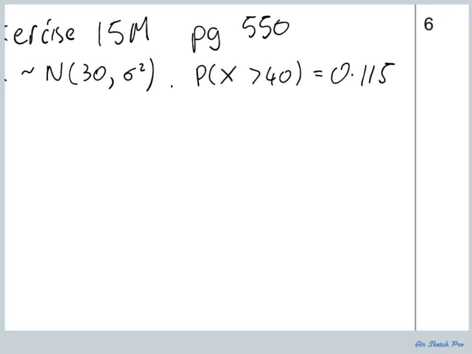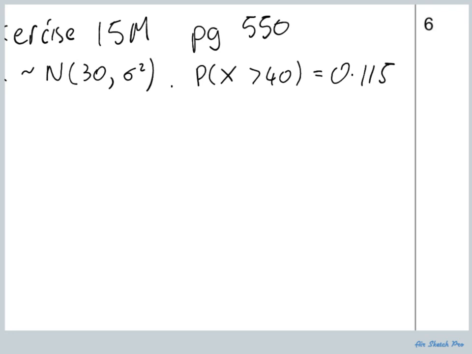We have no calculator operation that will give this to us straight up, because the inverse assumes we have the area, and the straightforward functions assume we have the mean and the standard deviation. So it doesn't really help us at all.